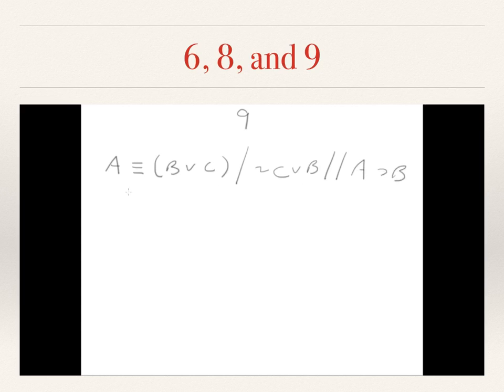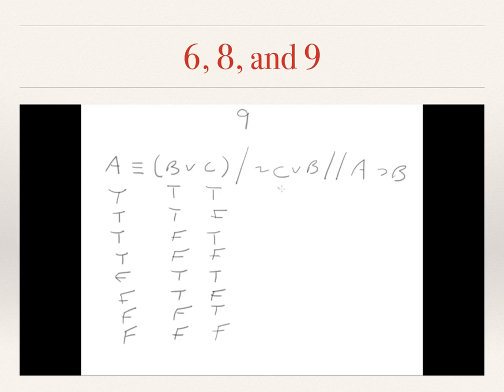Again, we have 3 different variables, so that means we'll have 8 lines. A: T, T, T, T, F, F, F, F. B divided in half: T, T, F, F, T, T, F, F. And then C: T, F, T, F, T, F, T, F. Now we just keep plugging these same truth values in.